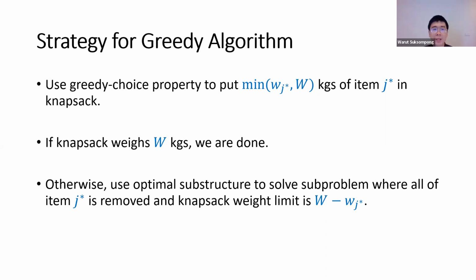So you can see that here we're only considering one subproblem. We fill in as much of item j* as possible, then we look at the remaining instance. It's just one subproblem that we care about. And we know that we only need to focus on this subproblem because there's always an optimal solution that puts in as much item j* as possible.